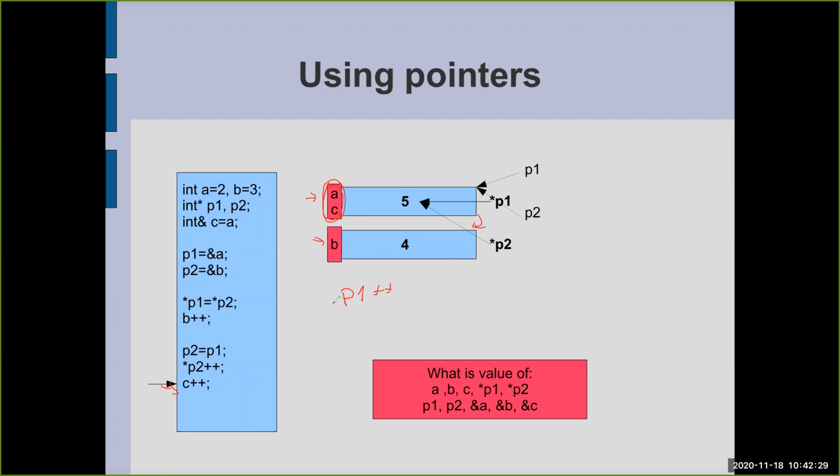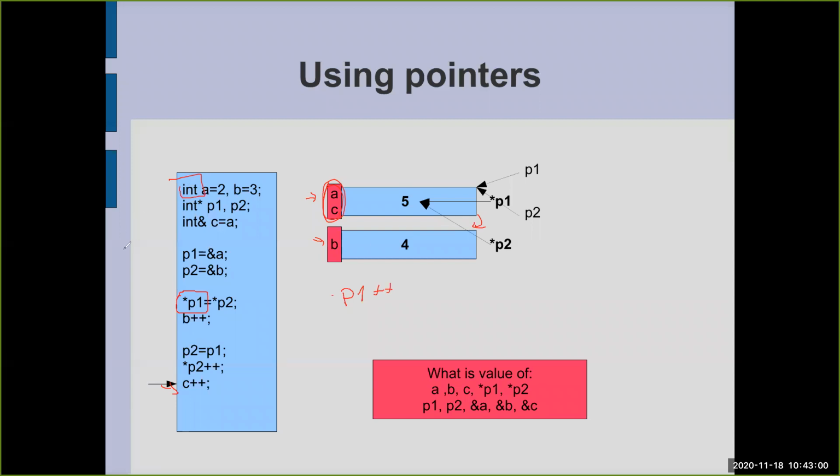So remember that there is a substantial difference between pointer and reference, because reference behaves the same like standard integer type. Pointer stores address, but if you use the reference, it behaves like standard integer type.